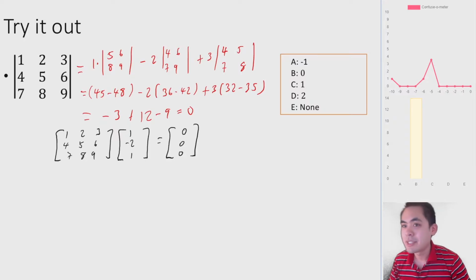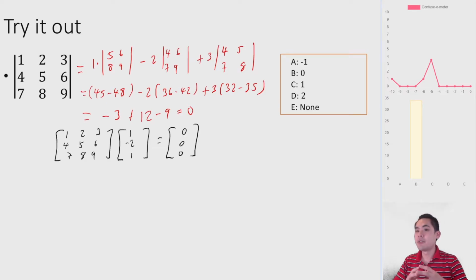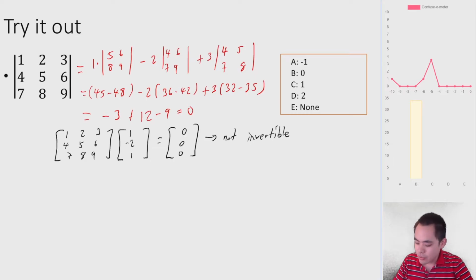Remember that a matrix is not invertible if it sends a non-zero vector to 0. So if you happen to know that this matrix had a vector that it sends to 0, then you would know that the determinant is equal to 0.